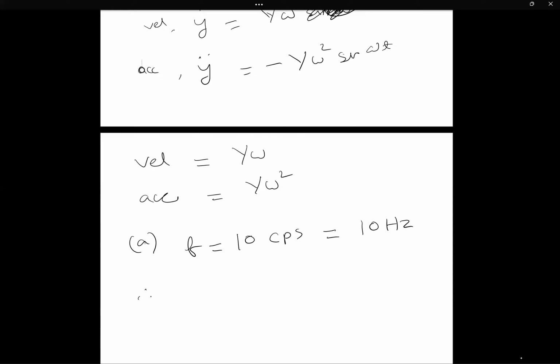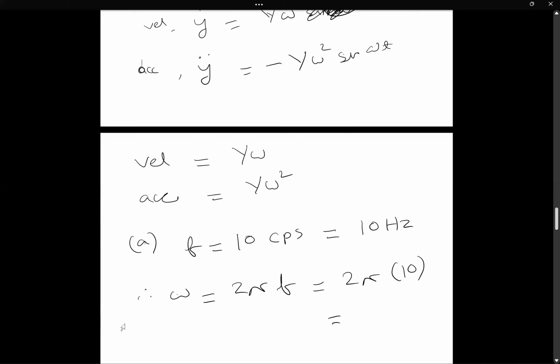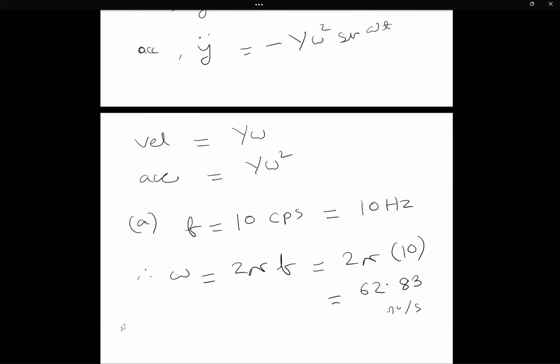So we know omega is equal to 2 pi f. So 2 pi 10 will give us 62.83 radian per second.